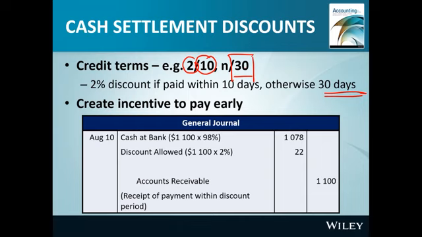So if your customer pays early, they pay less. So that is the good thing. You can receive your money quickly, and then you can use the money to buy more stock. So this is a mechanism to encourage our customers to make early payment.